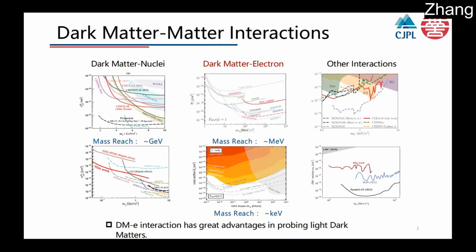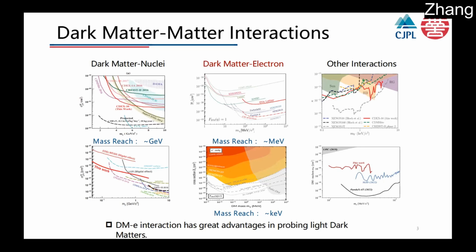For dark matter nuclei interactions, there is a certain lower dark matter mass reach below which you can hardly get any sensitivity, due to the mass mismatch between the dark matter particle and the nuclei. If the mass of the dark matter particle is too small, it can hardly deposit enough energy to induce an observable signal in the detector. But this is not a problem for electrons, because they are much lighter and can extract energy from light dark matter particles more efficiently.